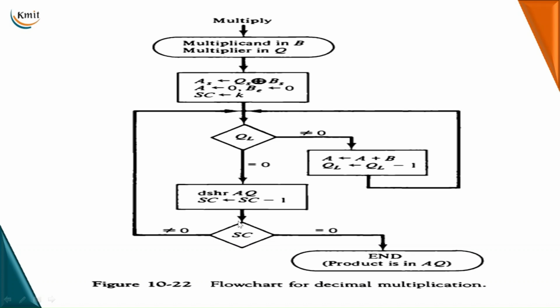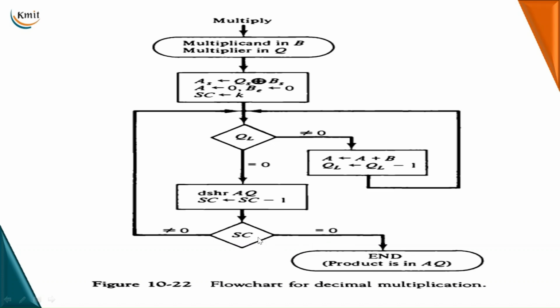After decrementing, you check the value of the sequence counter again. If it is not equal to 0, you go back and start again by checking the value of QL. This process continues K number of times until your sequence counter reaches 0.